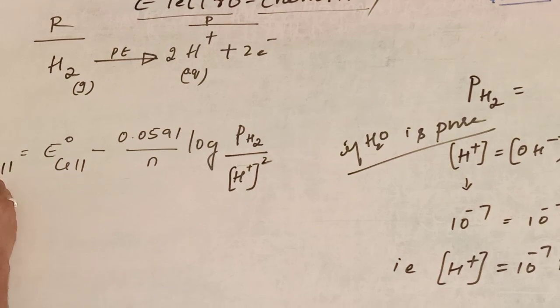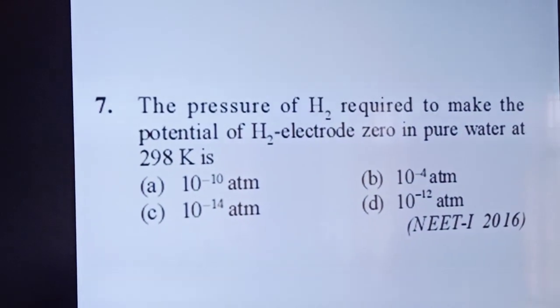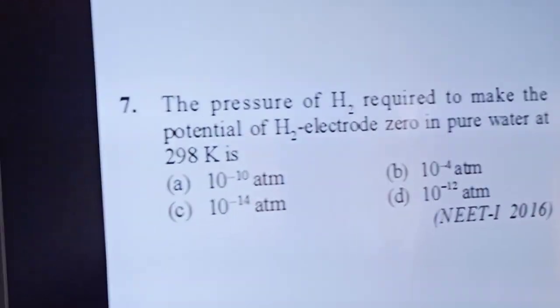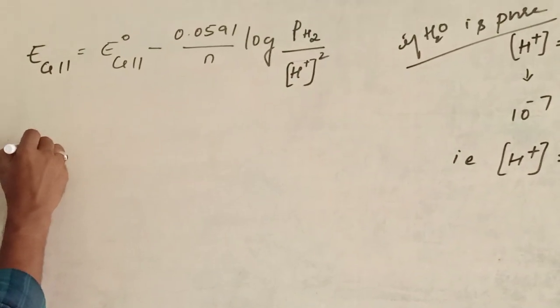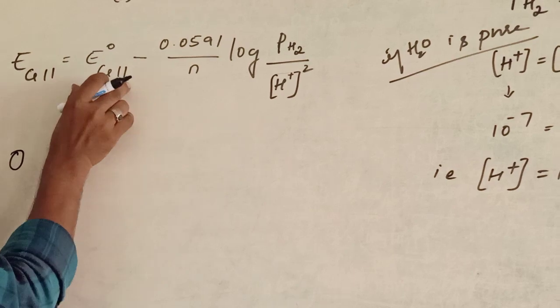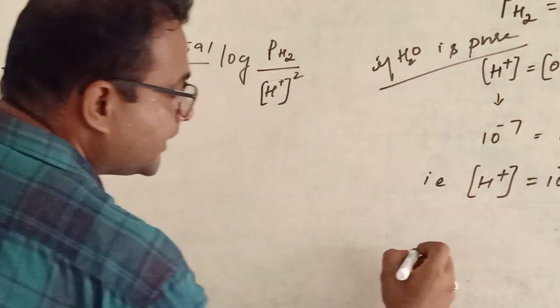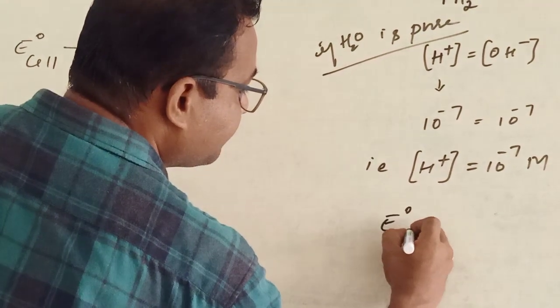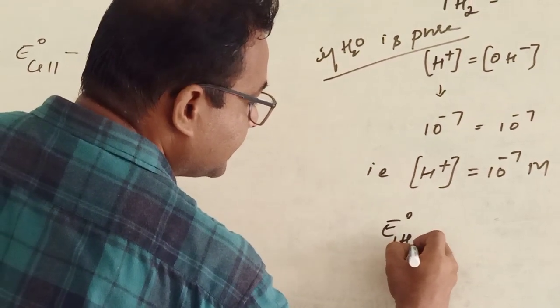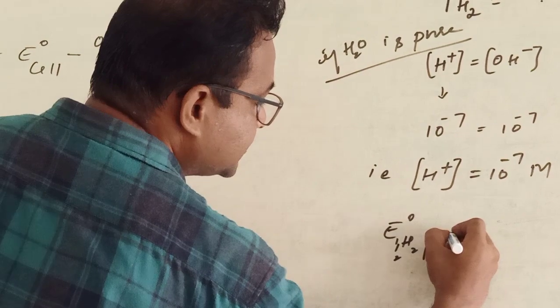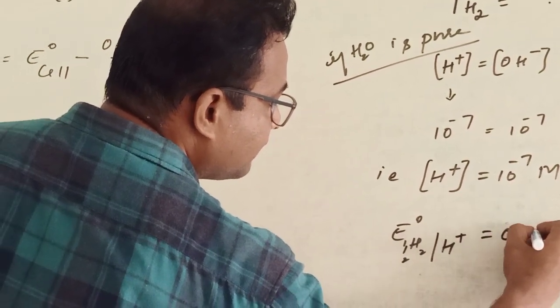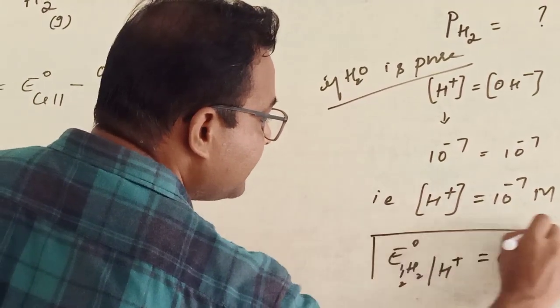It is given that the potential of the hydrogen electrode is 0, so this value is considered as 0. Even this is also 0, because E naught of hydrogen to hydrogen ion is 0.0 volt; this value is always constant.